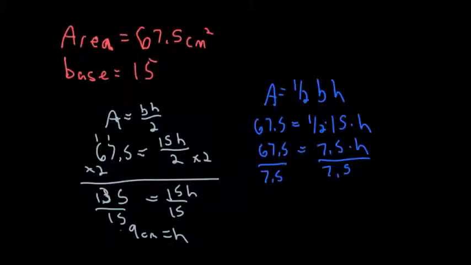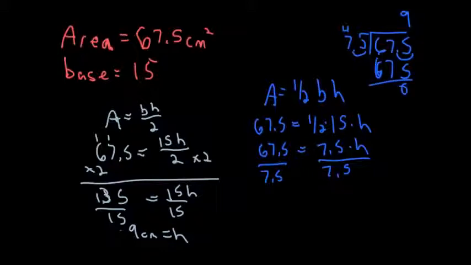That one I can't do in my head, so I'm going to pull that off to the side. Move the decimal over once. So 75 won't go into 67, but it's pretty close, so I think it's 9. So 9 times 5 is 45, carry the 4. 9 times 7 is 63, plus 4 is 67. So nothing left over, so it is 9.